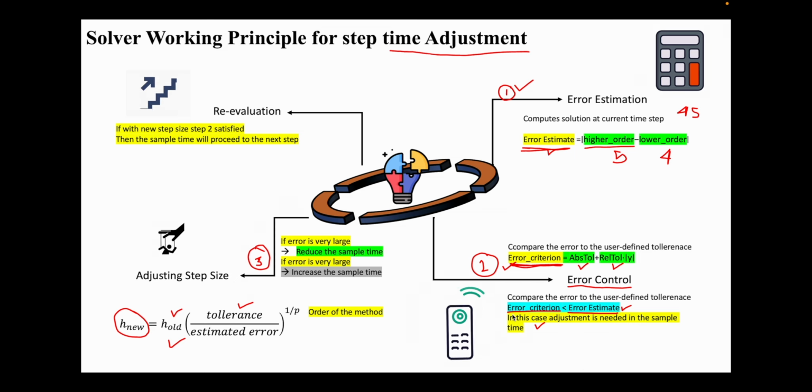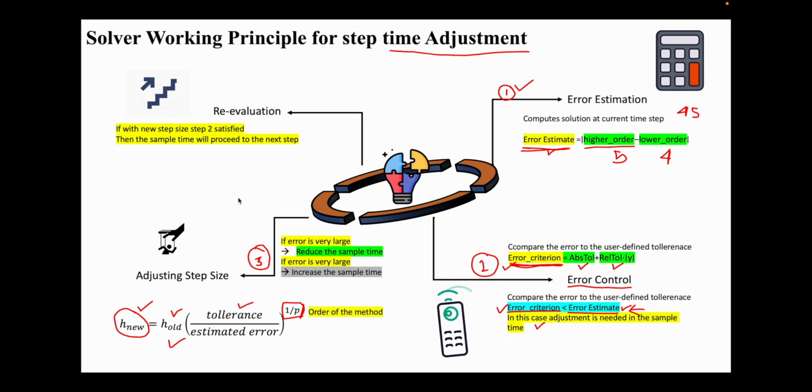Tolerance is the error criterion that we have, divided by the error estimate. With this, we take 1 over the power of the order of differentiation that we are using in this step, and that gives us the new sample time. So here we calculated the sample time we expect based on the error criterion and the estimation that we have.